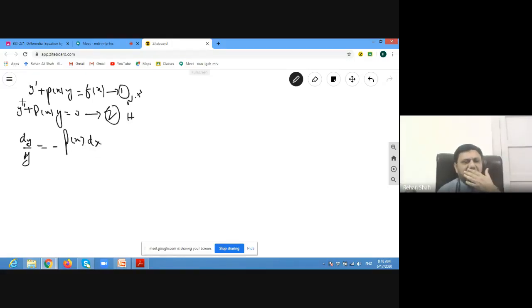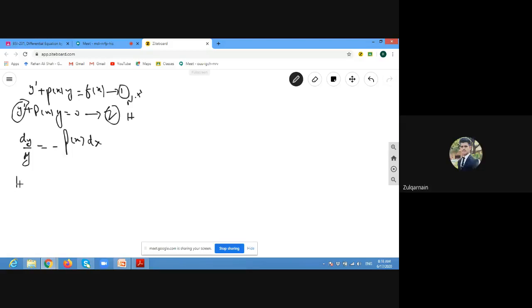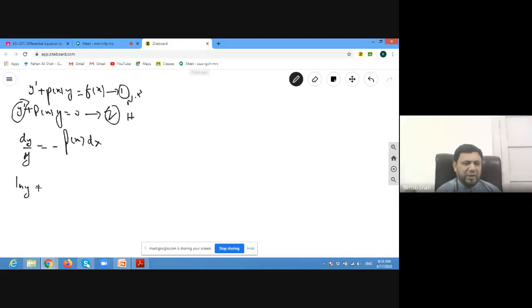If you replace y dash by dy by dx and separate the variables, you will get dy by y is equal to minus p(x) dx. If you integrate it, you will get minus integral of p dx. I am not writing p(x) now; p is a function depending on x. So keep in mind that p is a function of x.